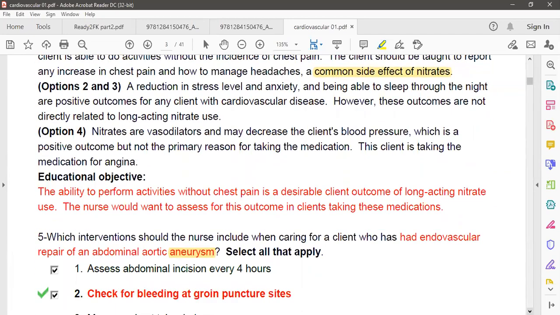So the ability to perform activity without chest pain is a desirable client outcome of long-acting nitrate use. This is the key note. The nurse would want to assess the outcome of the client taking this medication. That's it. Nothing big deal.